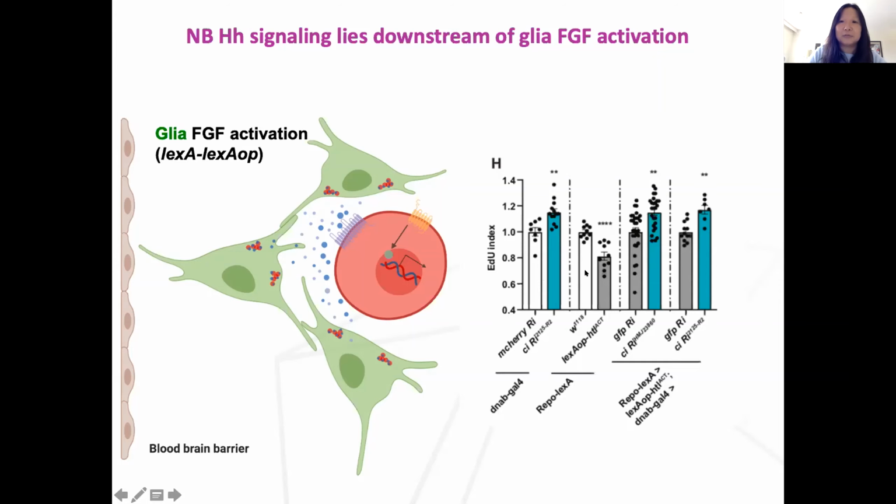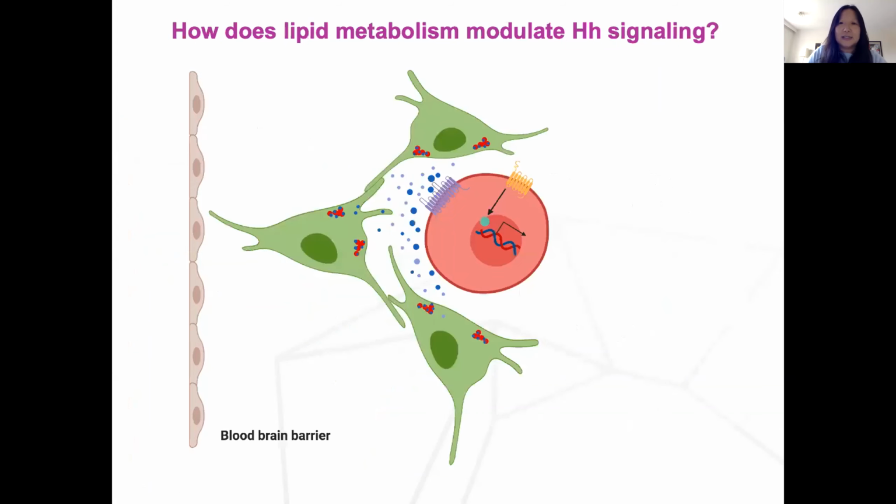And as we saw previously, this caused a significant decrease in the progression of neuroblast cell cycle. And if you put these two together, inhibiting hedgehog signaling in the neuroblast really overrides the effects of its niche, suggesting that hedgehog signaling lies downstream of FGF activation in the glia niche.